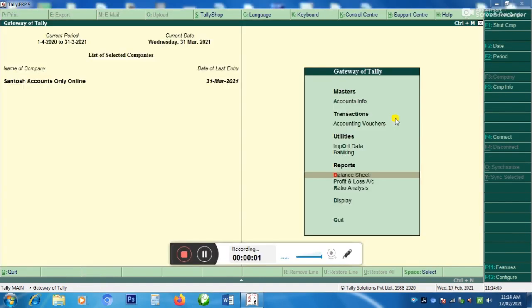To enter the closing stock of this financial year, you go to the accounts information.